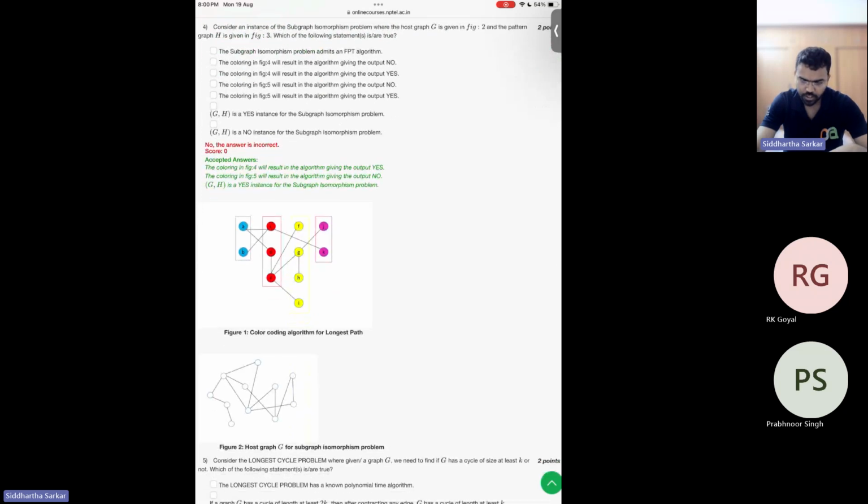There are some diagrams, as you can see, where some coloring of the graph for the longest path problem is given, and based on the coloring, certain decisions are made. I think we'll not look deeper into this.